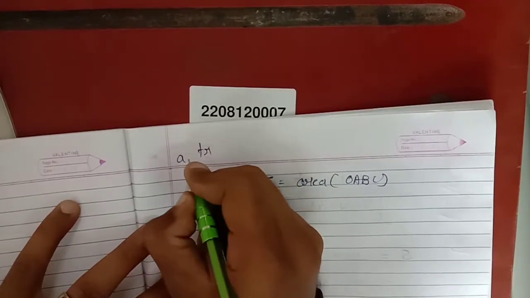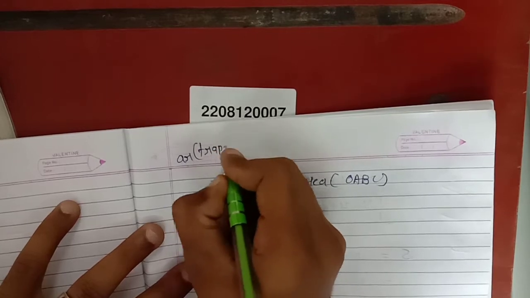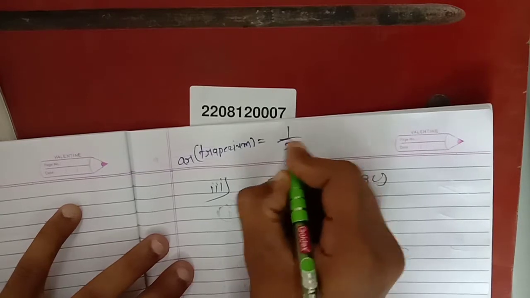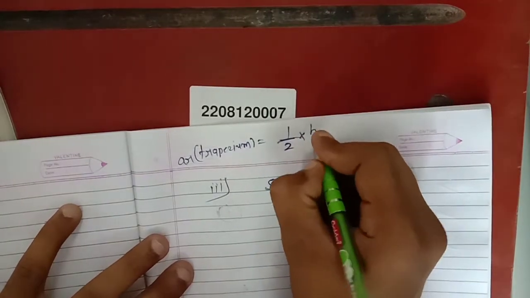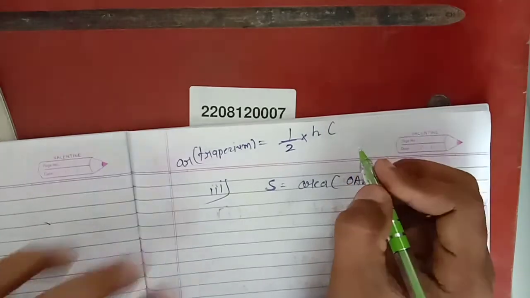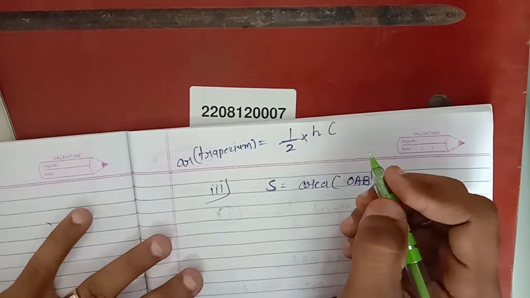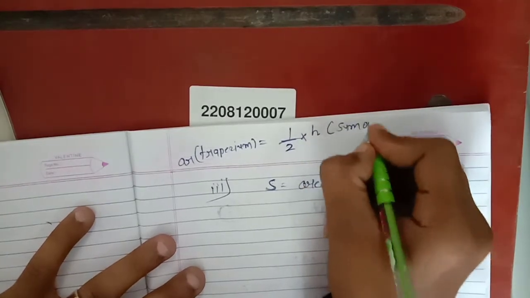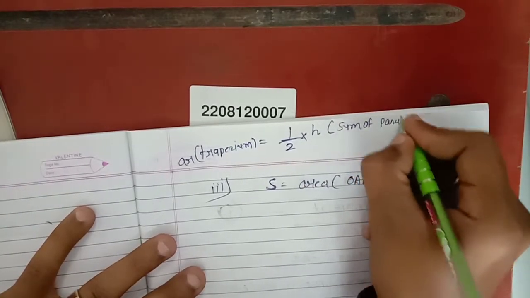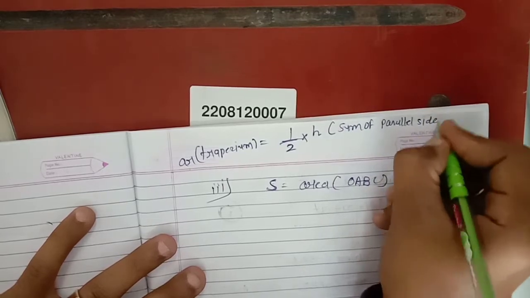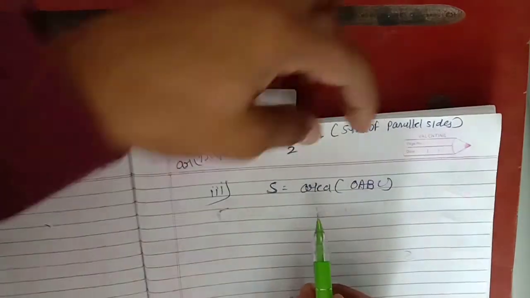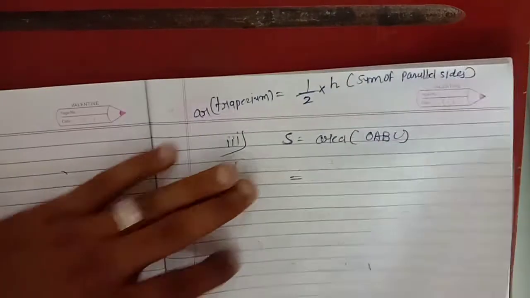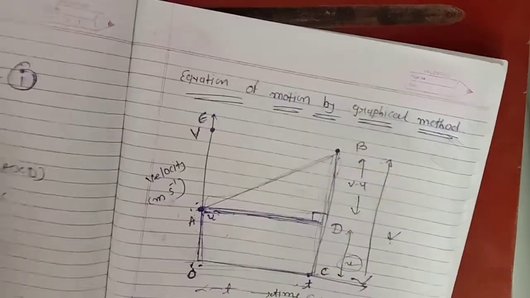Area of the trapezium is equal to 1/2 into height into the sum of parallel sides. Sum of parallel sides means we multiply the height and the sum of parallel sides and divide by 2. Clear?